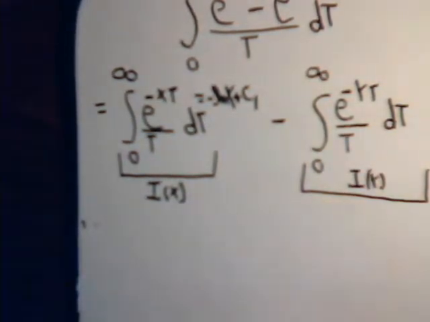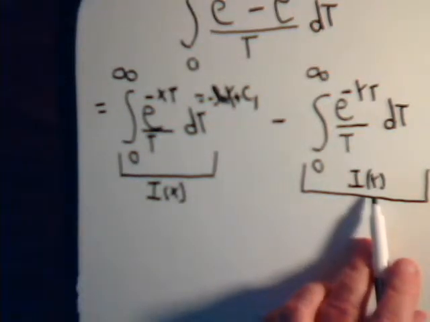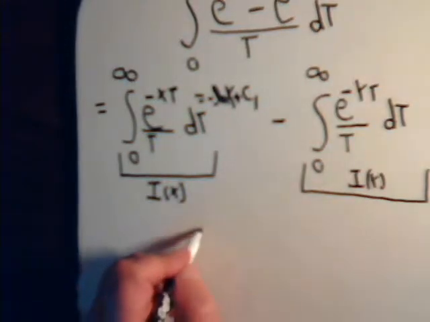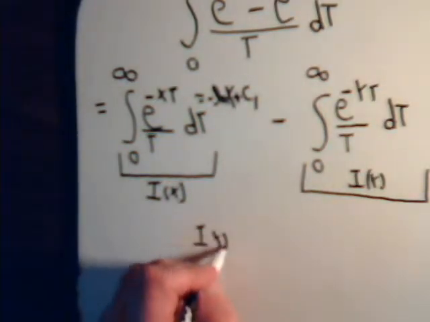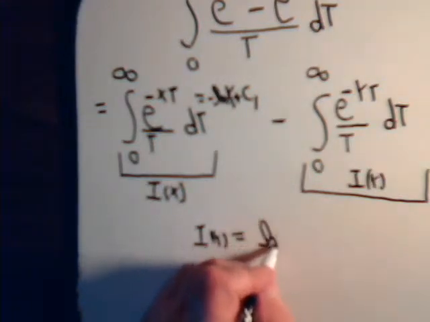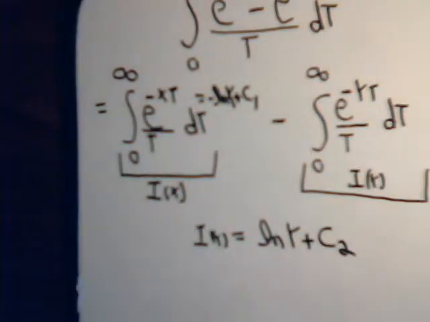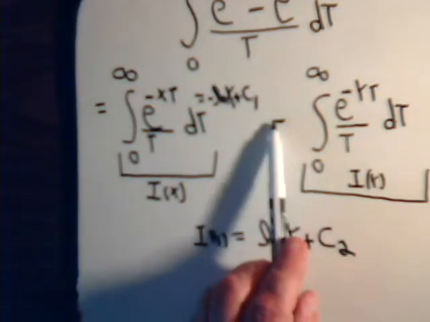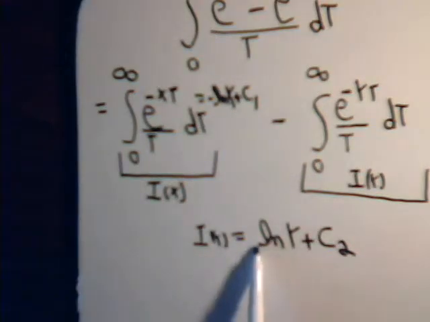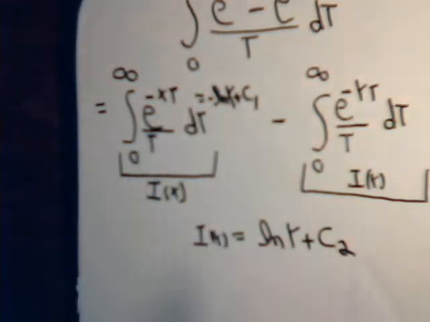Now for this one, if we go through exactly the same process, we're going to have that this integral I of y equals plus the natural log of y plus a different constant of integration. It's exactly what we did with this one, except we have a y and an x, and this minus sign here gives us a plus sign here where before we had a minus sign. Other than that, they're identical.